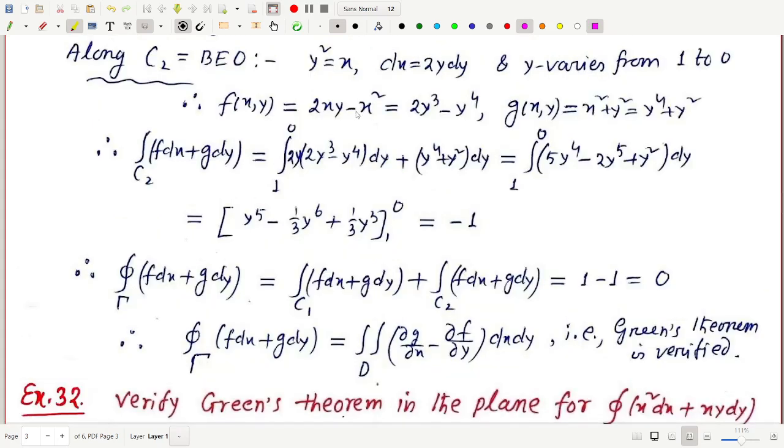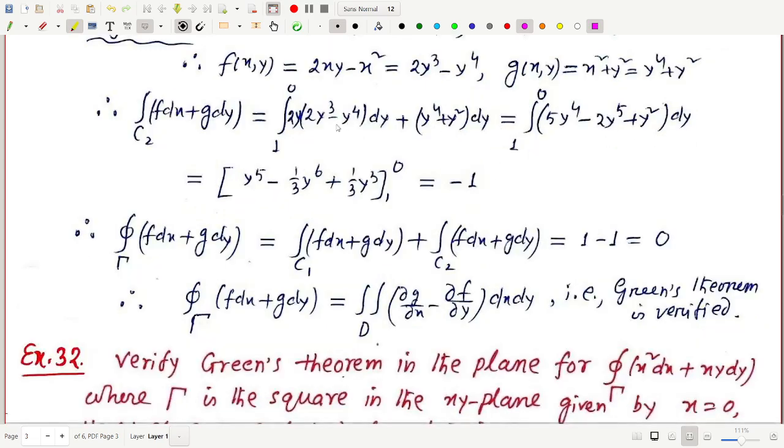And our f dx, we have calculated 2y cube minus y to the power 4, and dx is 2y dy, so 2y is written here, dy, plus g dy, g is y to the power 4 plus y square, dy, is equal to integration 1 to 0, simplify: 4y to the power 4, there is y to the power 4, 5y to the power 4, yes, and then minus 2y to the power 5, and then 5 plus y square, okay, simplification done.